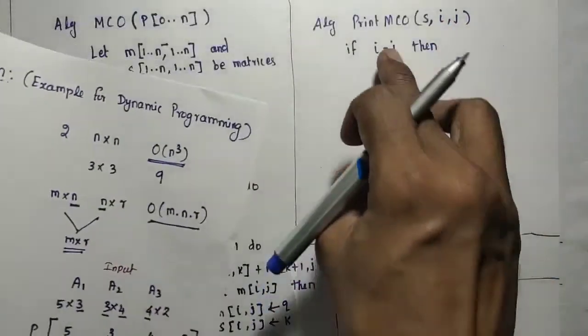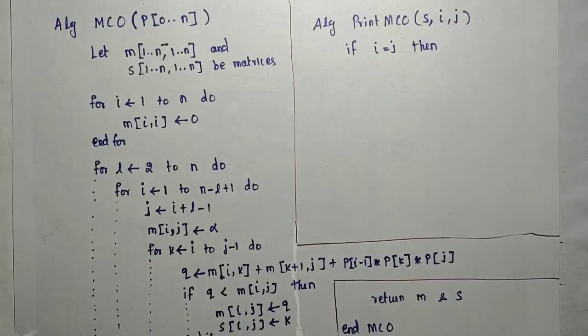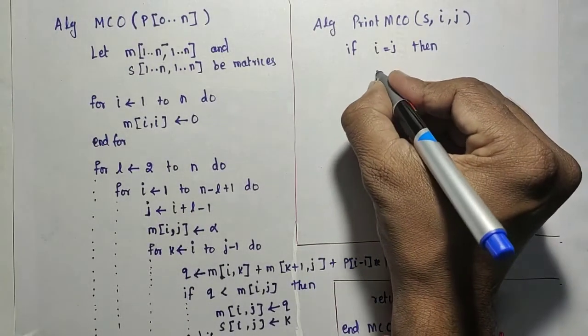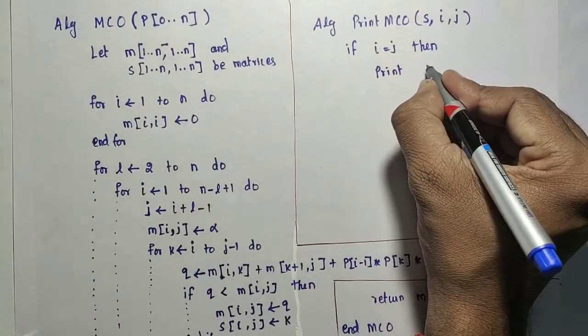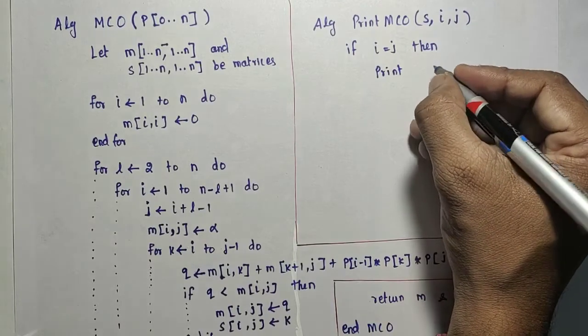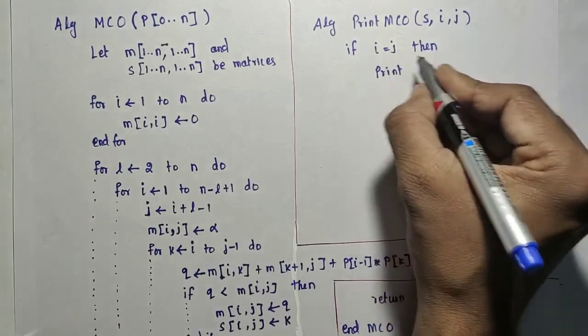Suppose i equals j, for example passing 1 comma 1, 2 comma 2, or 3 comma 3. When i and j are equal, there is only one matrix, so that matrix needs to be printed as it is, with the index A1. So print A with i or j.